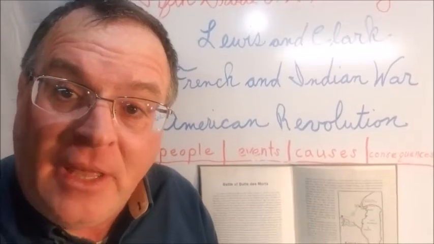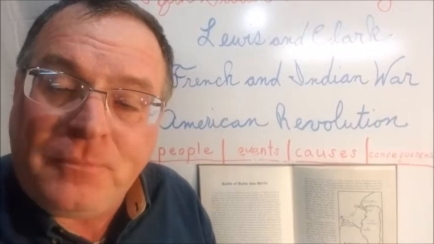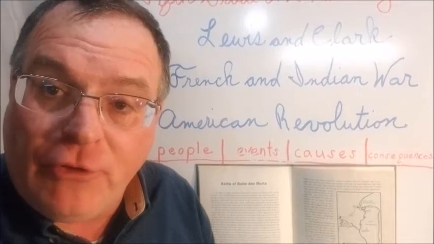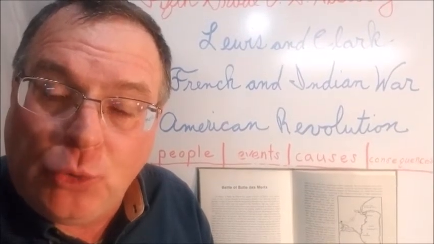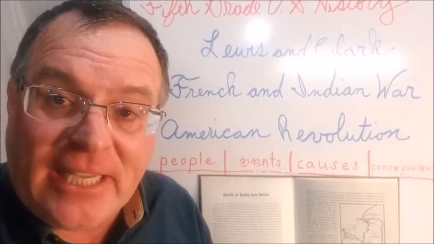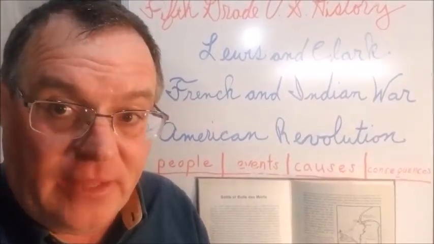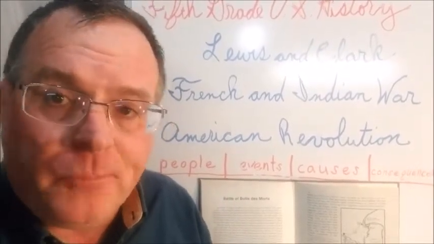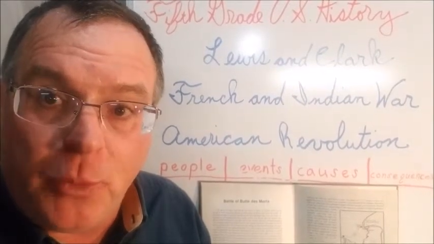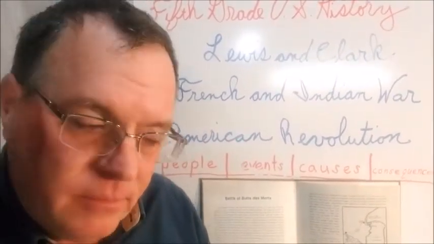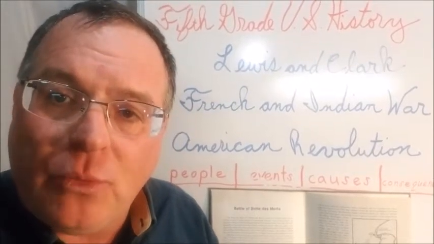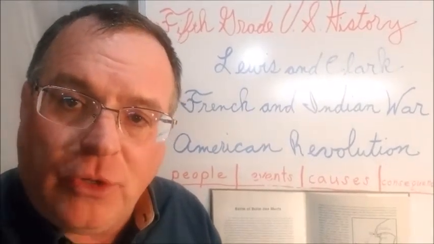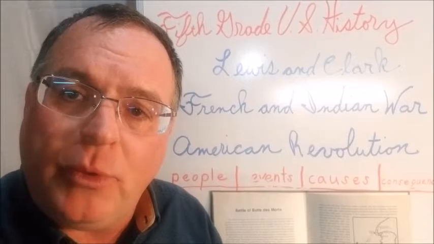Well, of course, the French could not let this stand, and they ended up sending a large army of 1,400 troops to catch up with the Fox and basically eliminate them in 1728. Well, the Fox found out that the French were coming. They left. It was so late in the year that the French went back to Quebec to winter there, hoping that maybe the Fox would receive the message.